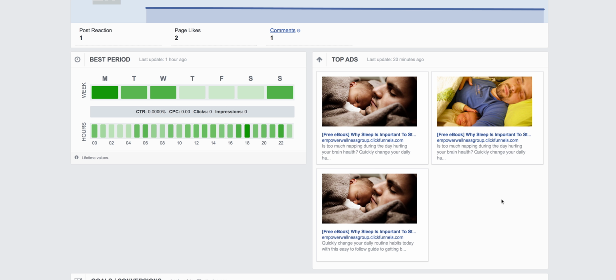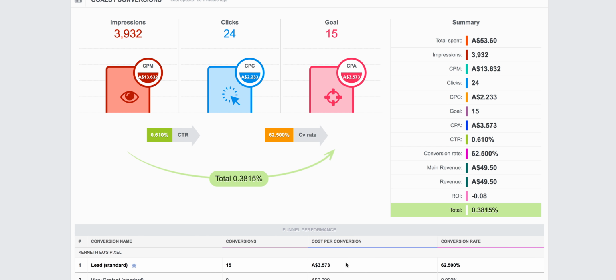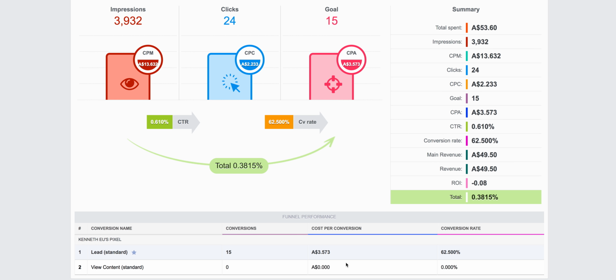So this has been a revamp, but certainly we're going to dial in on the problem side, and the image I don't think responded well here, so that's going to be redone, and that's a work in progress. Obviously, we don't have enough data here to do any sort of day parting, so that's for another time. But let's scroll down and take a look at our conversions and our goals.